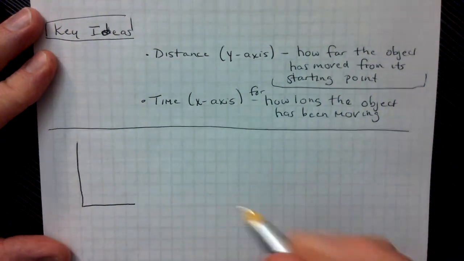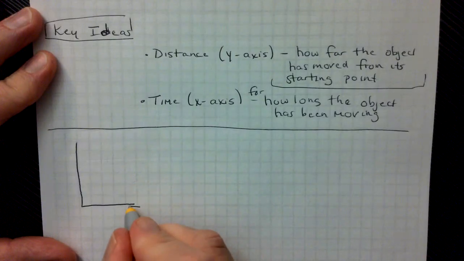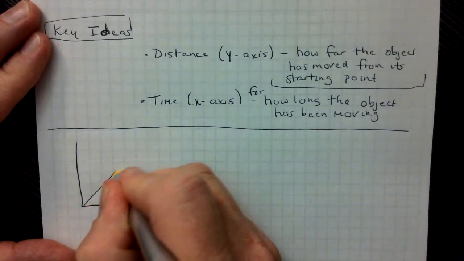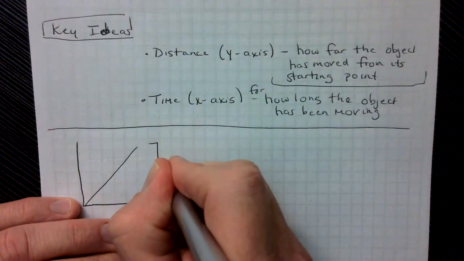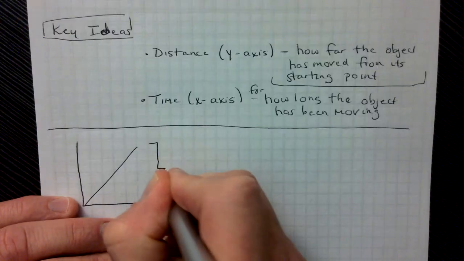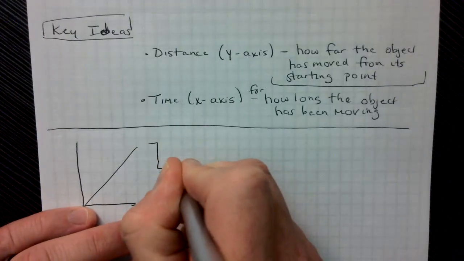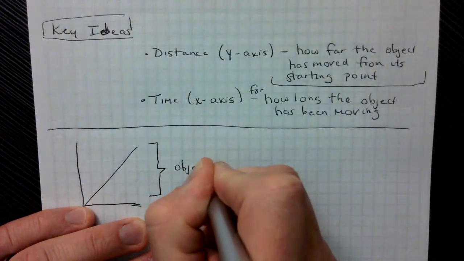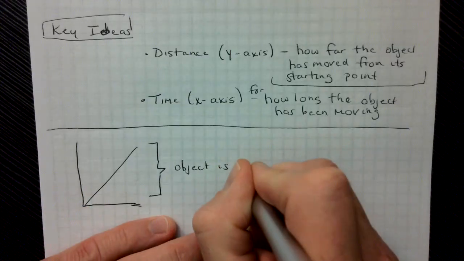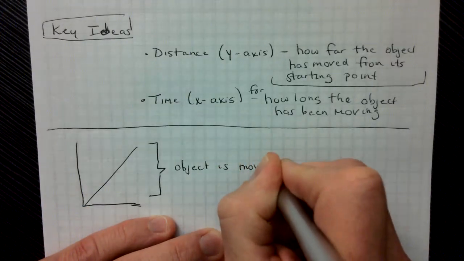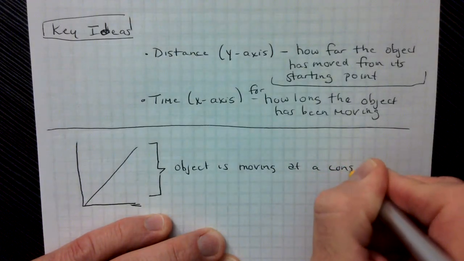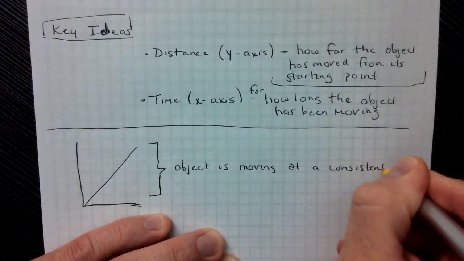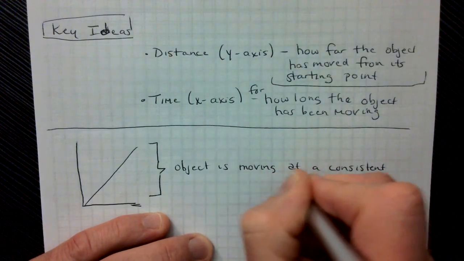So when you have a graph like this, going up on the angle, what that means is that the object is moving at a consistent or same speed.